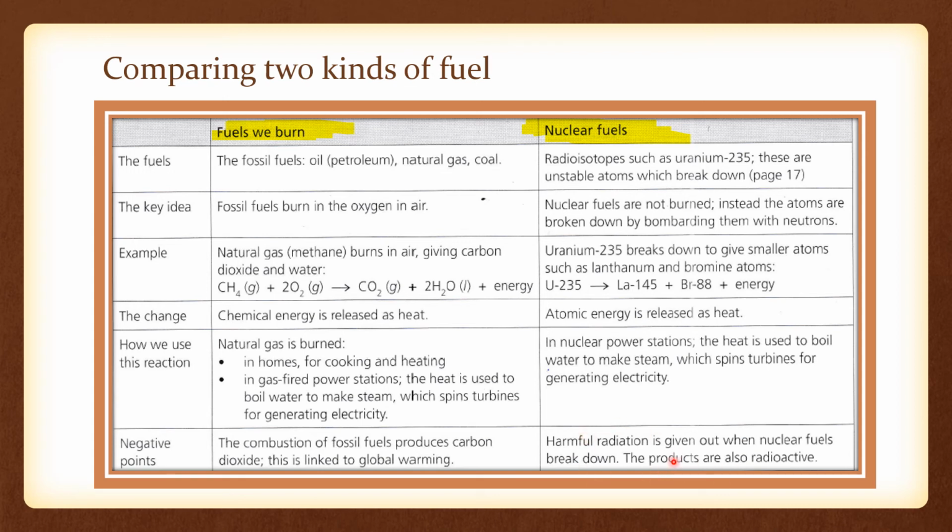For example, if you absorb harmful radiation from these nuclear fuels during pregnancy, there is a high probability, maybe 99%, that your child will not be born normal. It's very dangerous.